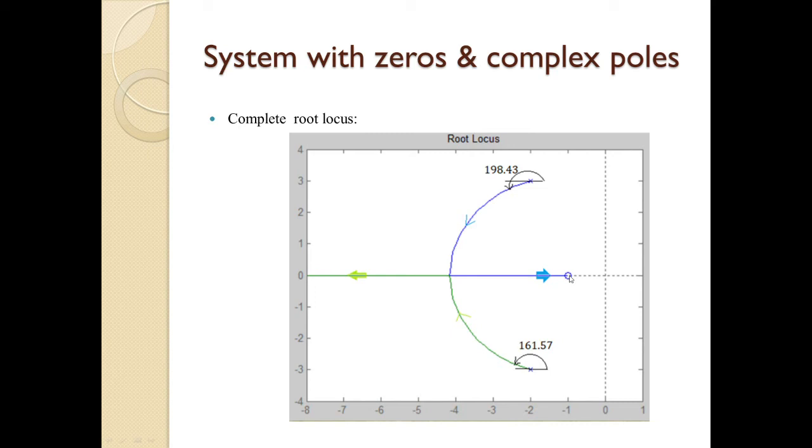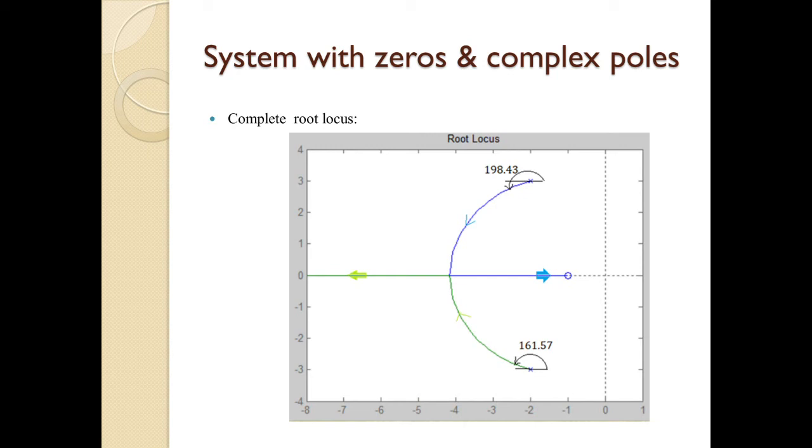From minus 1 to infinity the whole section is within the locus, and any point not within this region is not in the locus. That's why it is represented by a dotted line. From these two pole locations there will be two branches, and among these two branches one will terminate at the zero and another will terminate at infinity along the asymptotic angle.